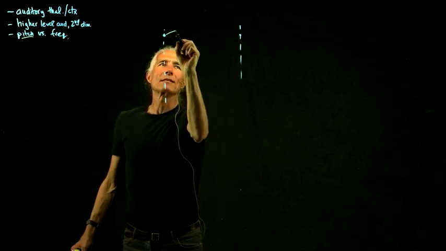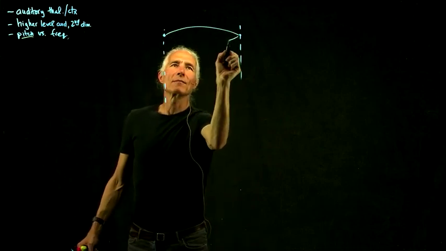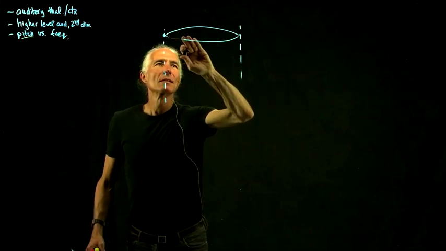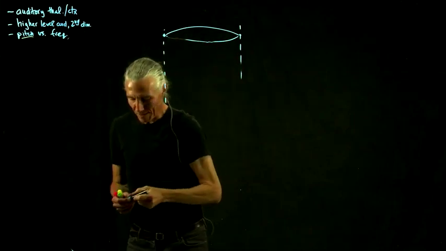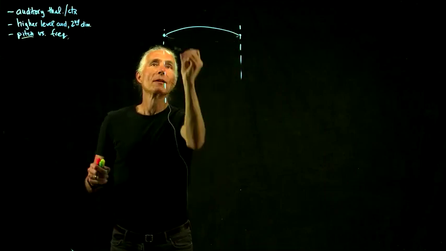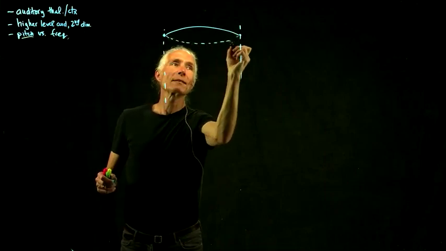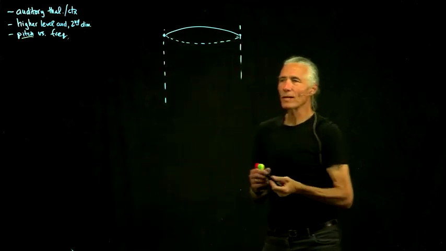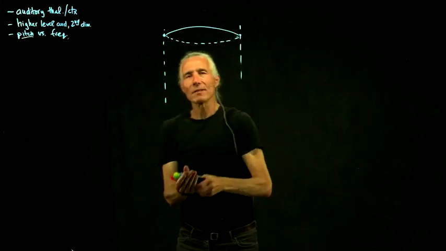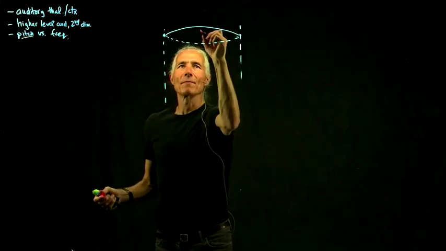One of the things it can do is move in this way. It will bow out and then bow out the other way, and go back and forth rapidly. How fast it goes depends on how heavy the string is and how much tension you have on it, but this is the kind of thing that can happen with a guitar string.